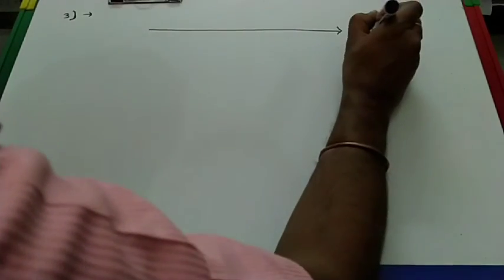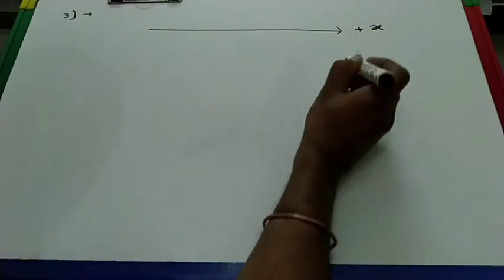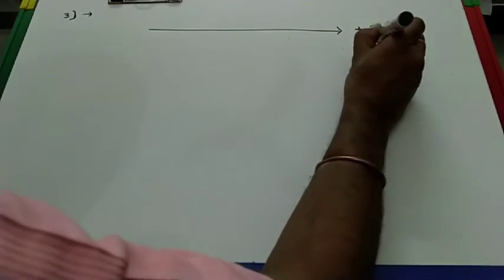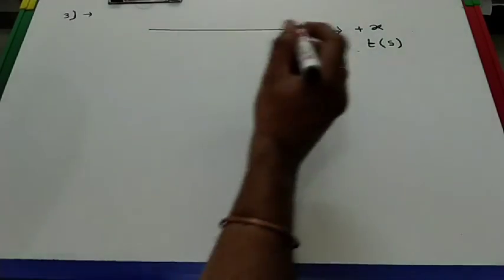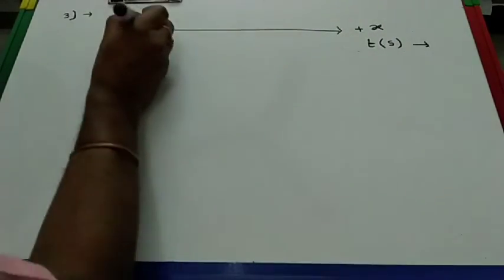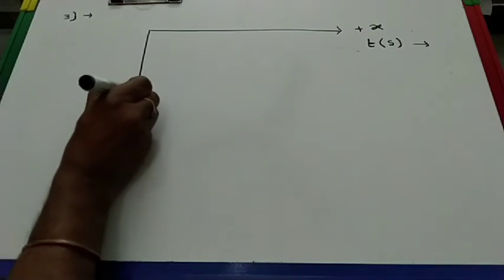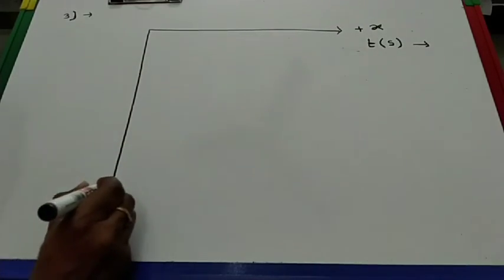Now, graph number 3. Take positive x-axis and on the x-axis I took time, in seconds. Here I took negative y-axis.